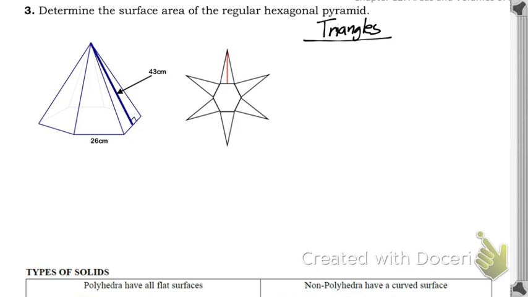So the area of a triangle is going to be half our base. Our base for this one is 26, times our height, which is 43. If we plug that in our calculators, we get 559.